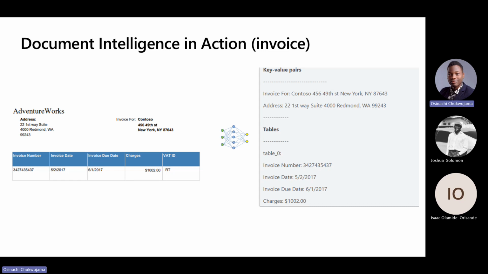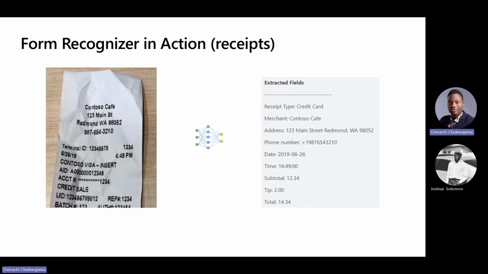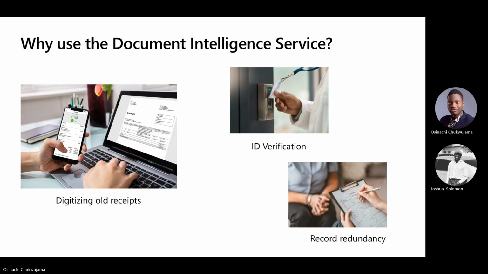The invoice date was collected, the charges, the VAT ID. All this data will be collected and put in JSON format. Right, so this is just another one. When we do the demo, I'll show you the full picture. But the whole idea is to take a document and run it through the service, and you get the text on that document. It's a very simple thing, but can be very, very beneficial to businesses.